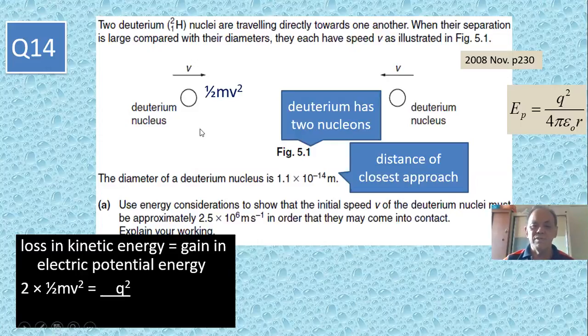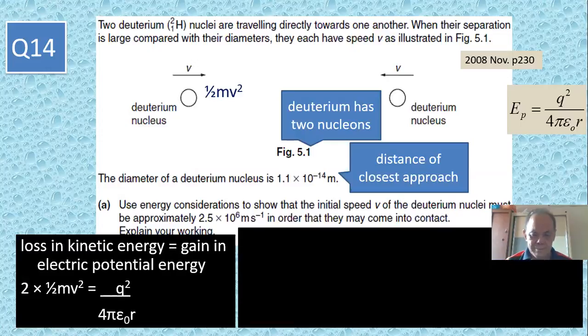There are two of them. So it's half m v squared times two of them. One is deuterium and one is deuterium. And then the potential energy will be Q squared divided by 4 pi epsilon R. Okay, put in our values, 2 times half.